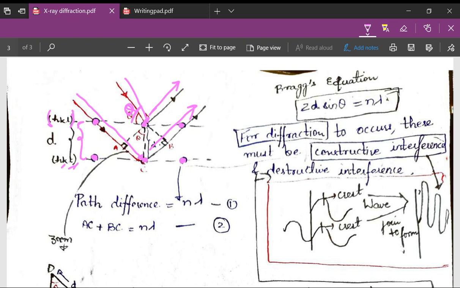For diffraction to occur, there must be constructive and destructive interference.